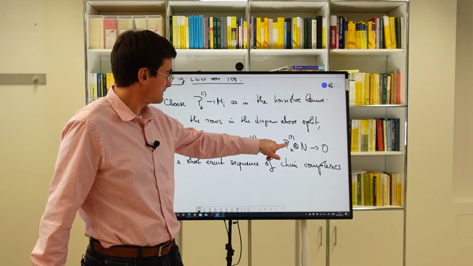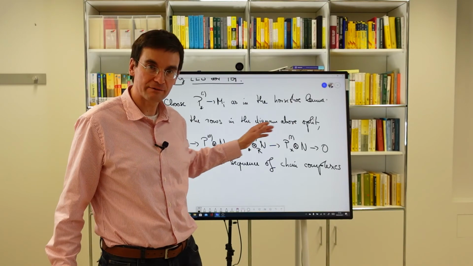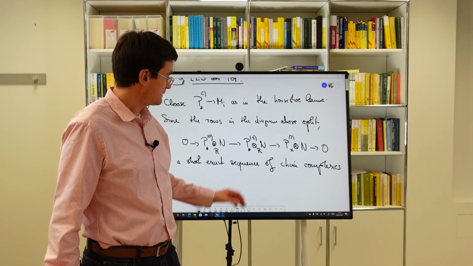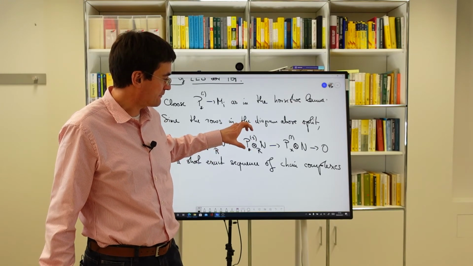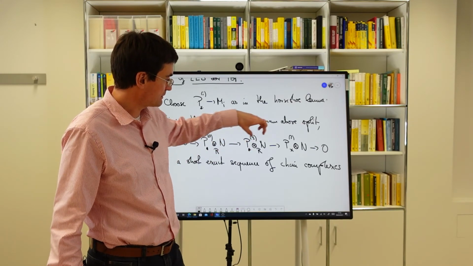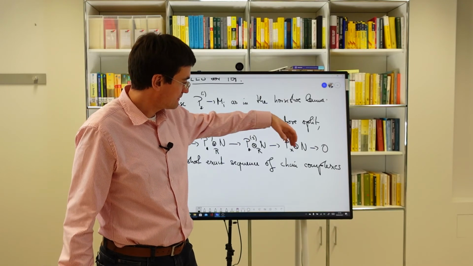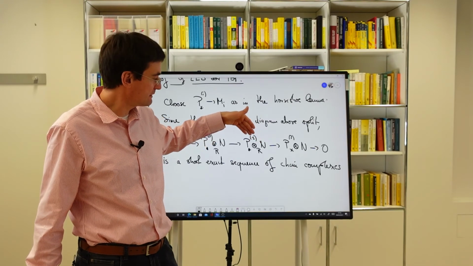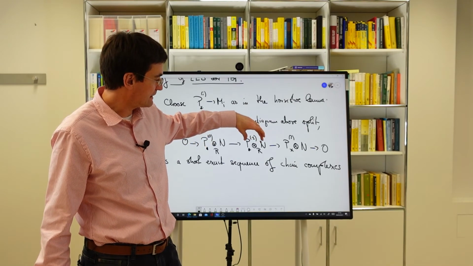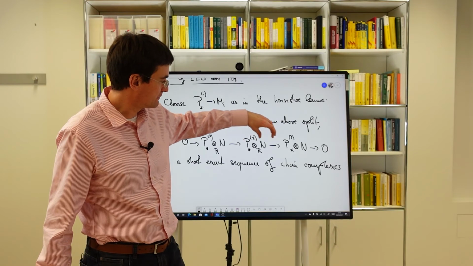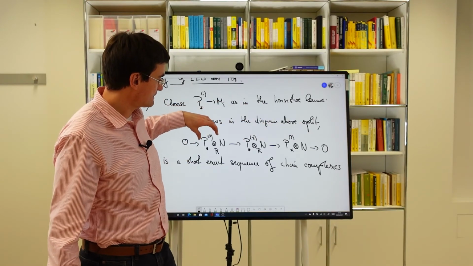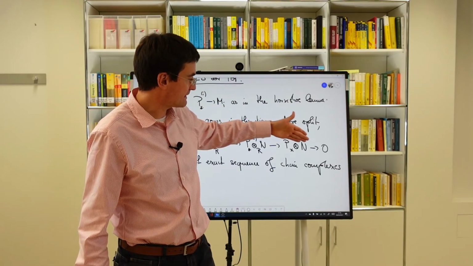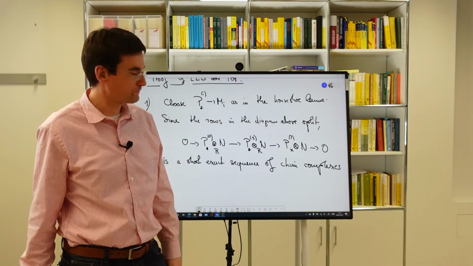Because if you have a split in each degree, also after tensoring you have a split, and this split induces the direct sum decomposition of the middle term into the two outer terms, and then still having the split, everything gets preserved after tensoring with N. You still get this direct sum decomposition of the middle term by these two outer terms, and that gives you the short exactness of this sequence.